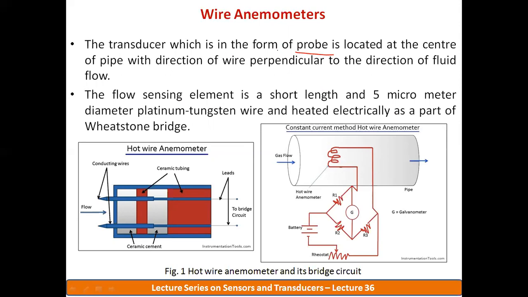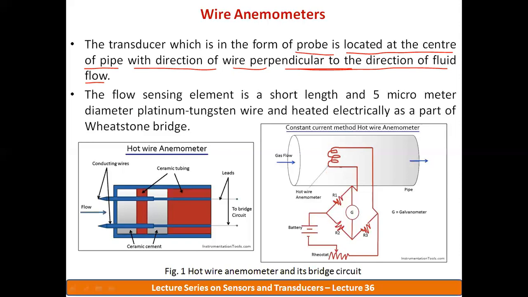The sensing element is located at the center of the pipe with the direction of the wire perpendicular to the direction of the fluid flow. For example, here you can see the gas is flowing in this direction from left to right in this pipe, and here we have placed the probe. Our sensing element is placed in this manner.